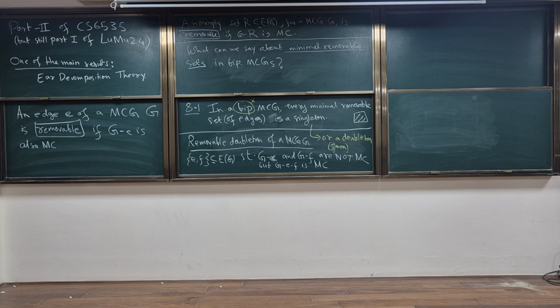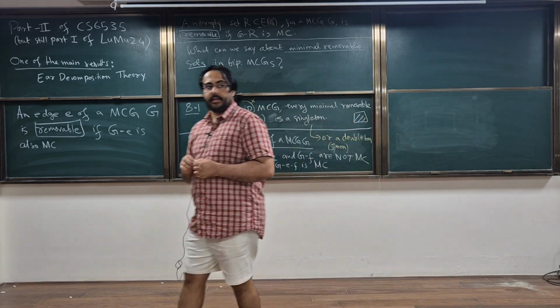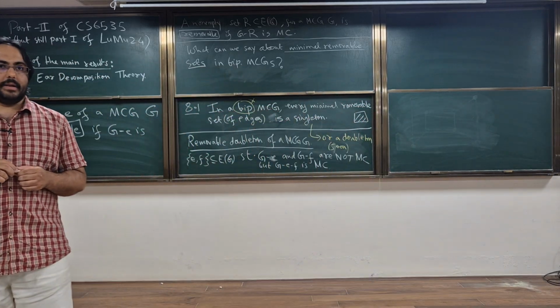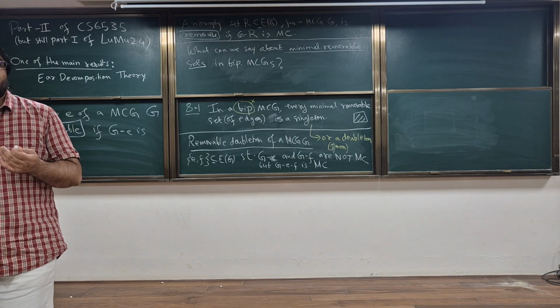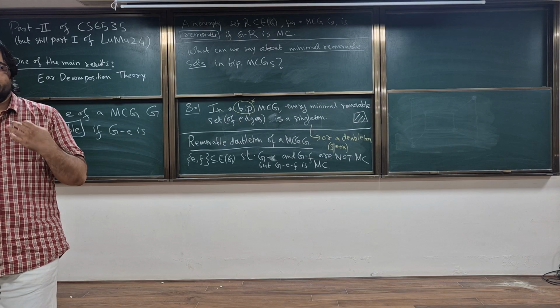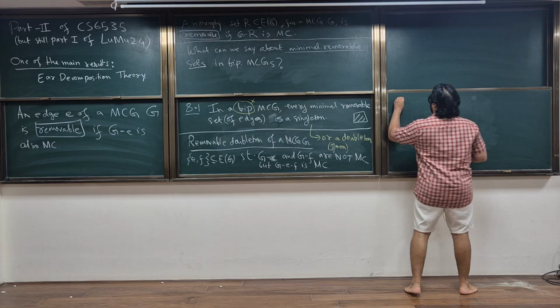So let's discuss non-removable edges in bipartite matching covered graphs. Let's try to figure out a characterization of non-removable edges in bipartite matching covered graphs. Basically, at this point in the course, most things about bipartite matching covered graphs are just easy based on things you've already seen. Okay, so that's the next point.